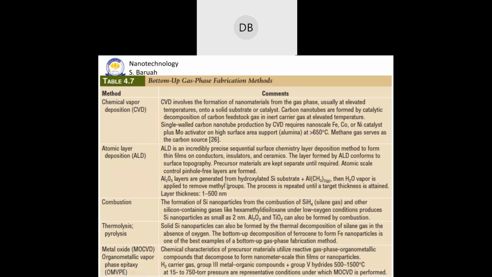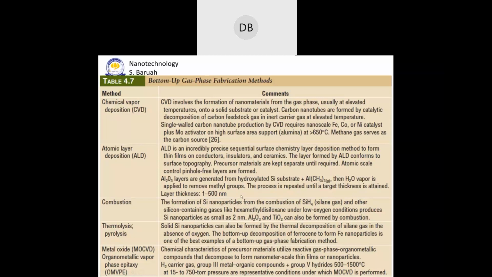So alumina layers are generated from a hydroxylated silicon substrate using this chemical. All these methyl groups, these are methyl, CH3. Don't get frightened with the chemistry. I am also not a great lover of chemistry, but we will keep the chemistry restricted to as much as is needed, so don't worry much.